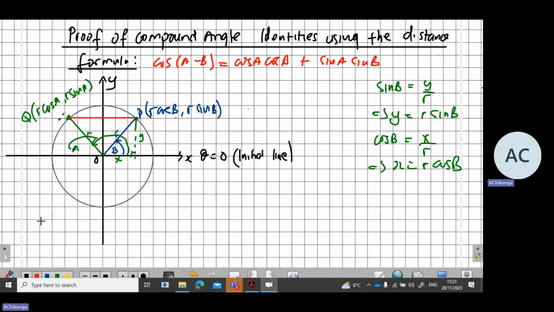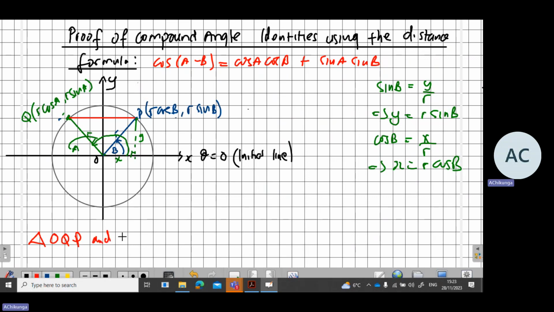So in this case, we now have a triangle that we've created, and this triangle is actually triangle OQP.